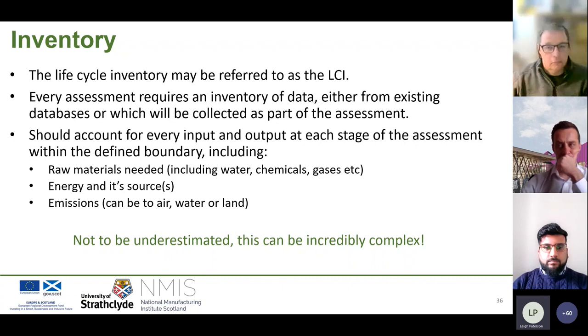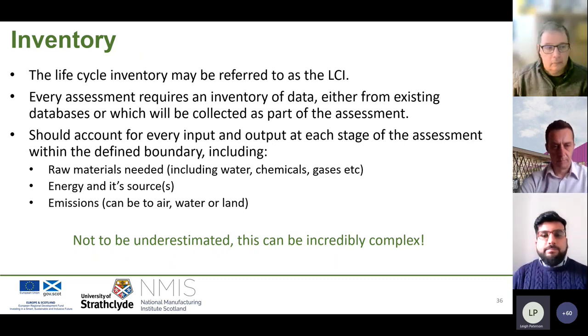It should account for every input and output. So if you look at one of these, it's actually quite scary because some examples have hundreds of inputs and hundreds of outputs, including all the raw materials, which includes waters, chemicals, gases, different energies that it may take either from grids, renewables, perhaps it has solar panels on the roof, so you have to have all of those in, and emissions.